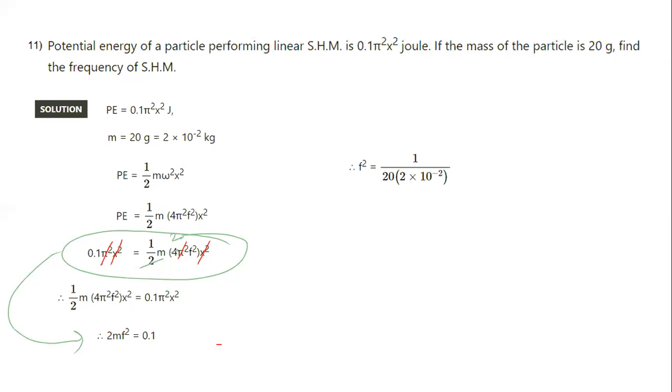So let me substitute in a formula of frequency. F square is equal to 0.1 divided by 2m. Let me substitute here values and we do the calculation to find out answer.